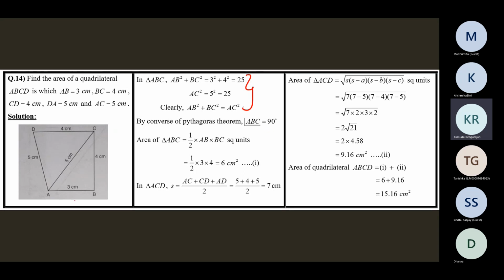So if you feel that 3, 4, and 5 form a Pythagorean triplet, that somewhere in 9th standard you have seen it, and you want to check if they are the sides of a right triangle, this is what you should do.